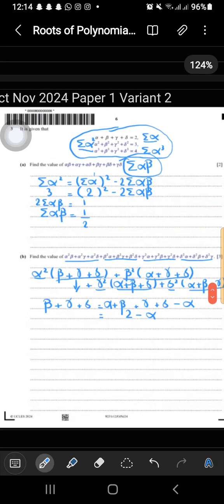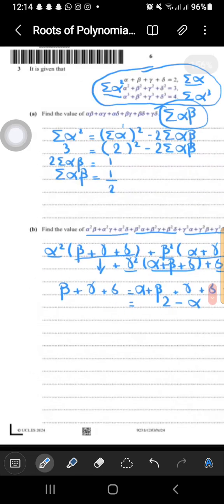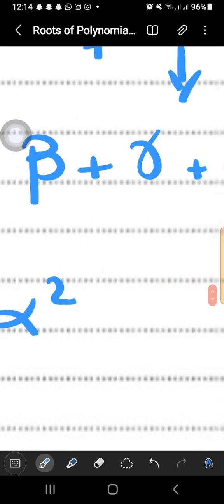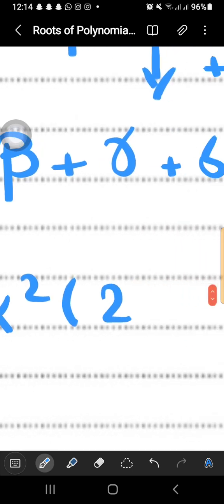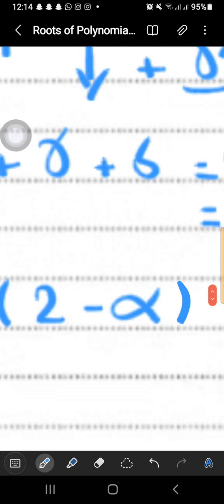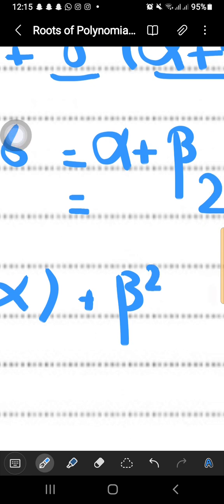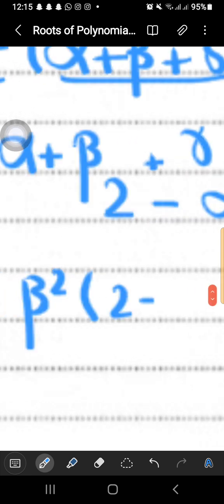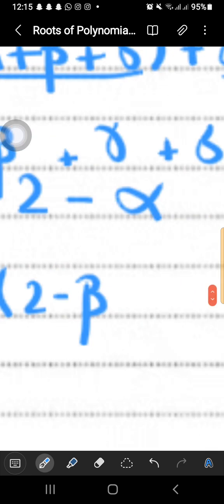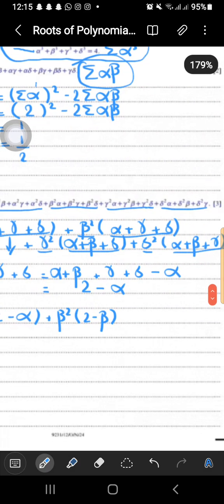So now we found a pattern. We will write alpha square times 2 minus alpha. Now plus beta square times 2 minus beta, because these three are given, so we will add beta and subtract beta.